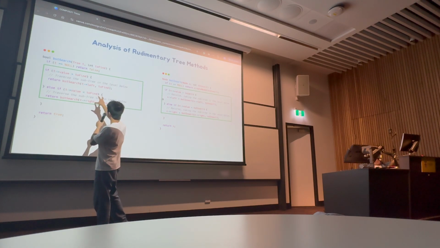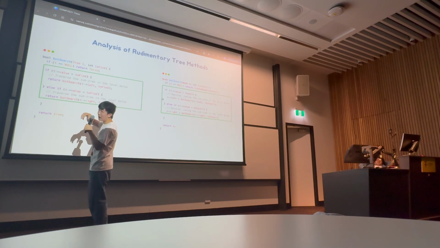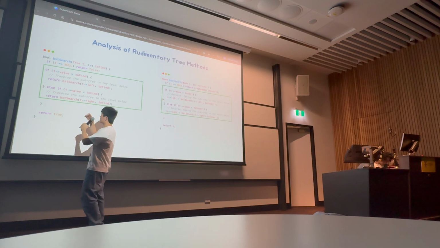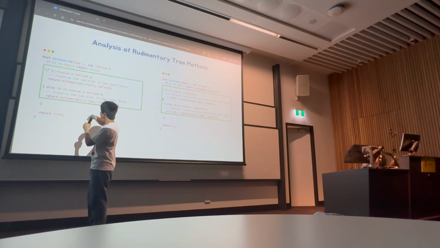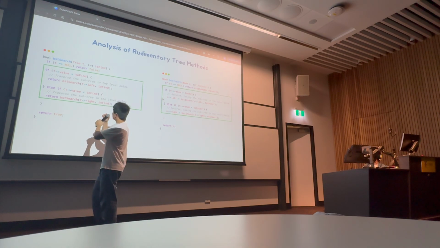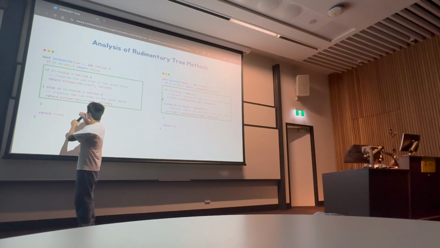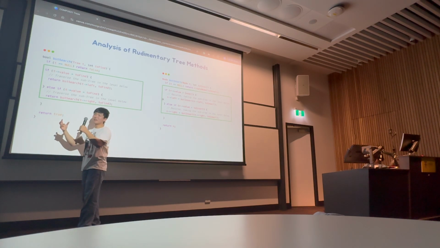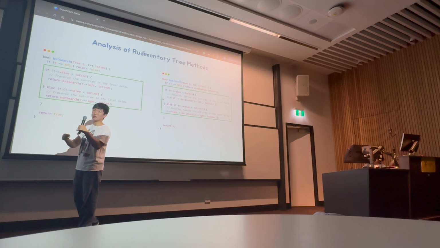We start from the root node, and if the value that we're trying to find is smaller than the root node, then we continue on to search the left subnode of the root node. And vice versa, if the value that we're trying to find is greater, then we continue to search on the right subnode. And since this is recursion, we just take the left subnode of the root node and pretend that to be the root node, and then we just keep searching.